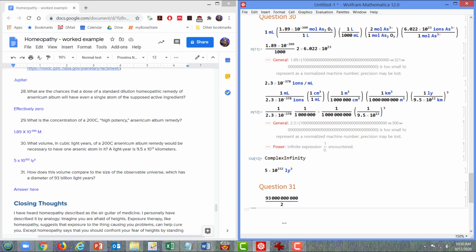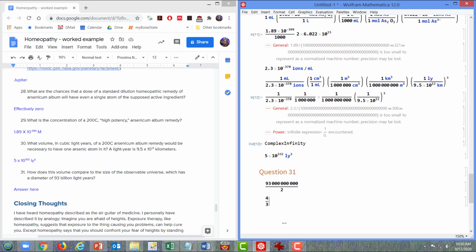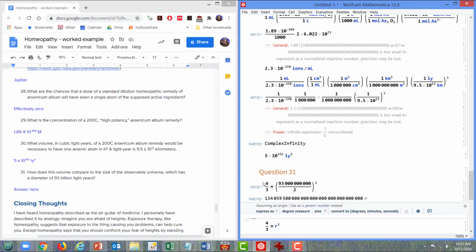The volume of a sphere is 4/3 pi r cubed. So this is the radius. We are going to cube it, multiply by 4/3, and multiply this by pi.